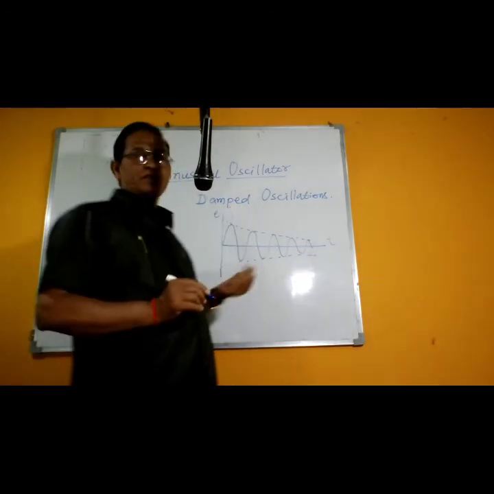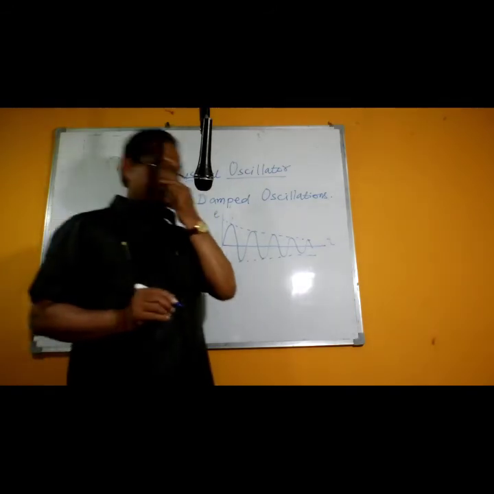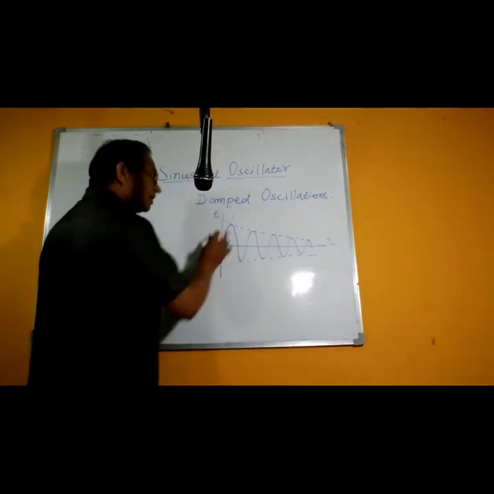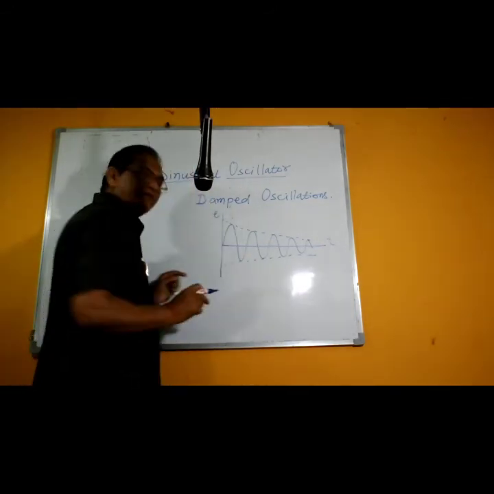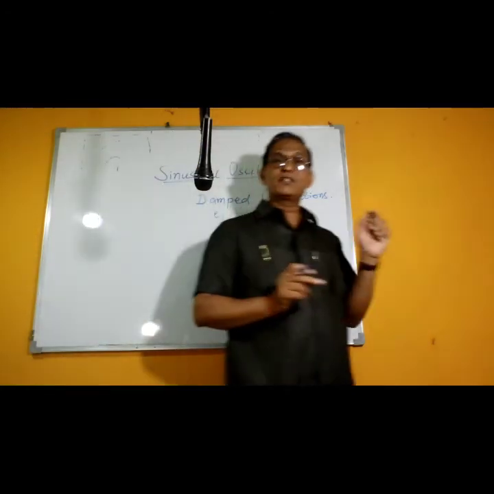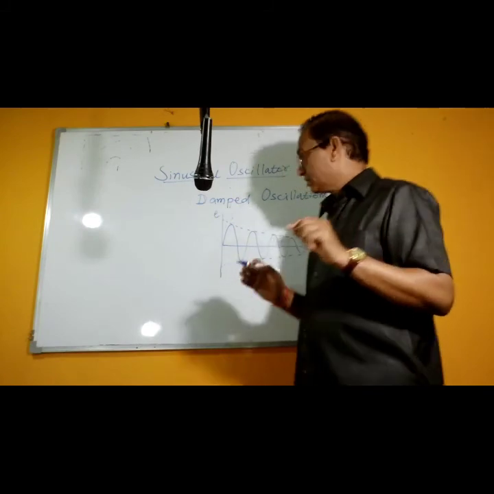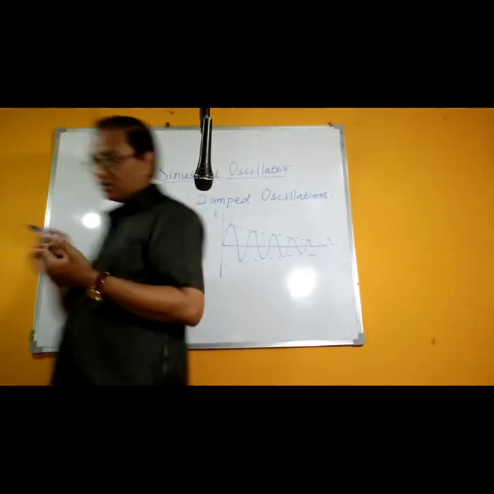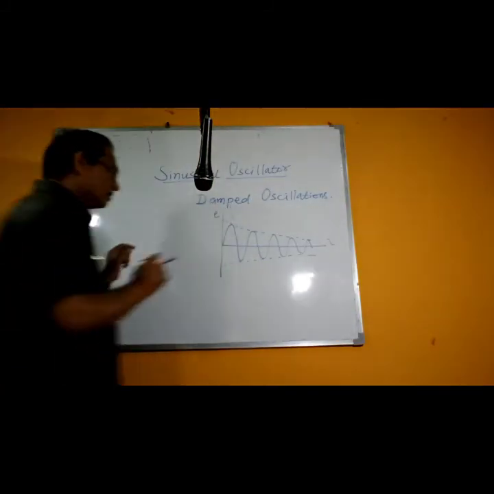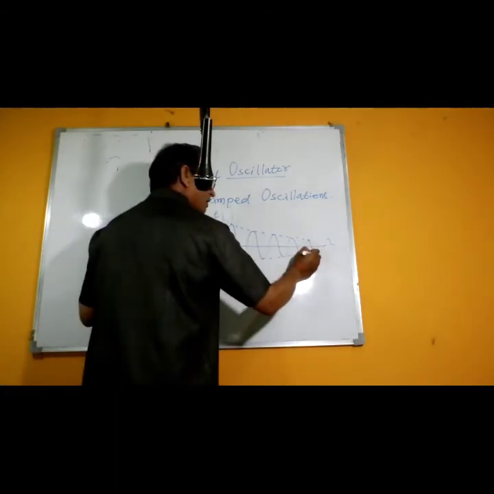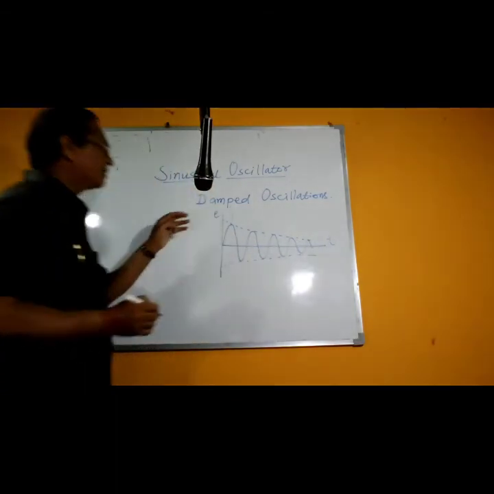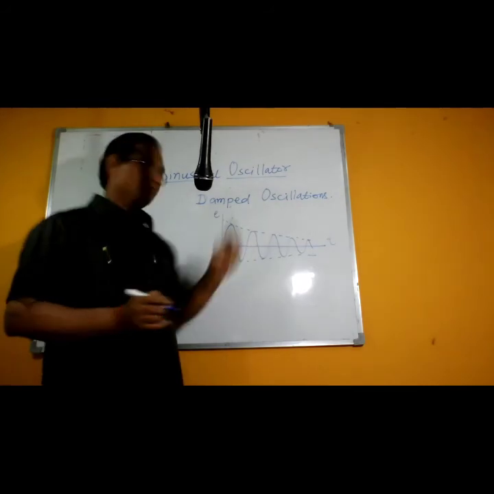So this type of oscillation is called damped oscillations. Here, for every cycle, there is a loss of energy, and the loss of energy is not replaced, that is, the losses are not gained. Therefore, the waveform finally dies out.